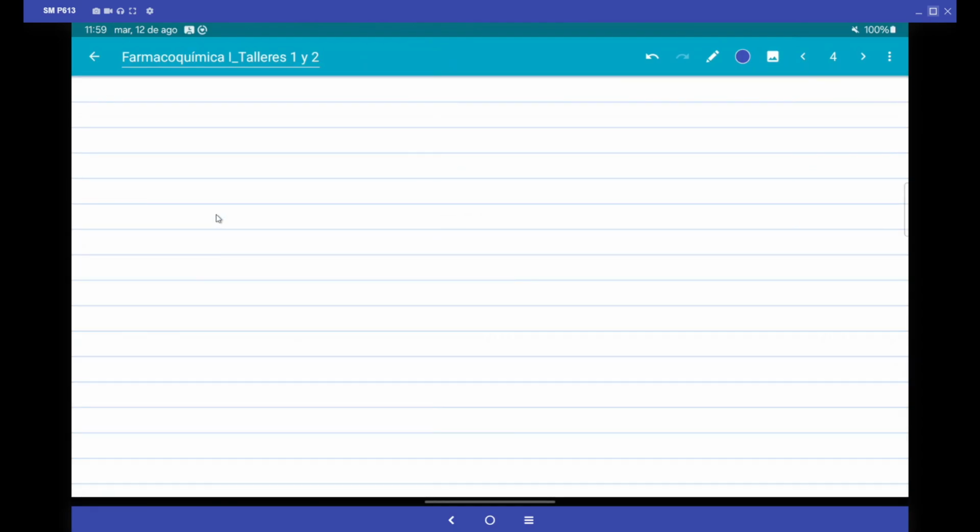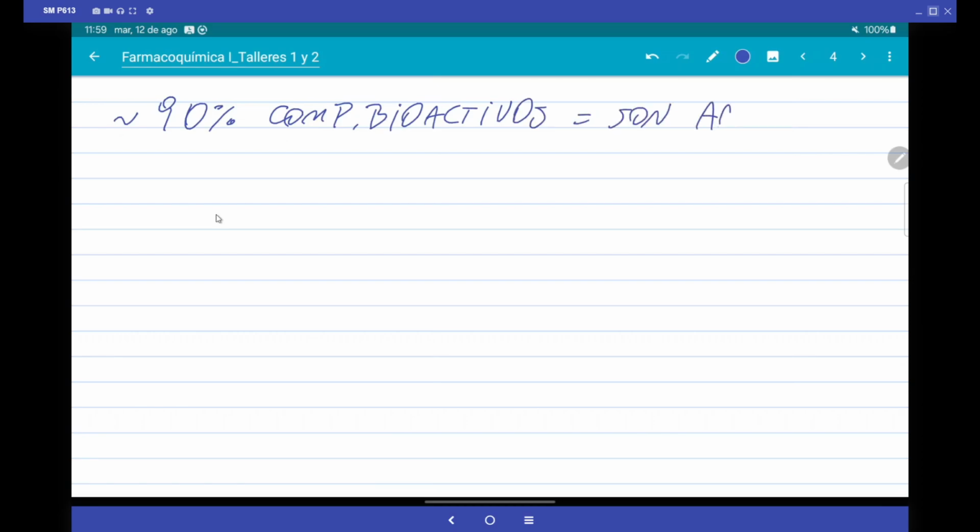Around, I would say, 90% of the bioactive compounds, whether natural or synthetic, are amines. So this group is super important, specifically when we talk about a compound of natural origin.